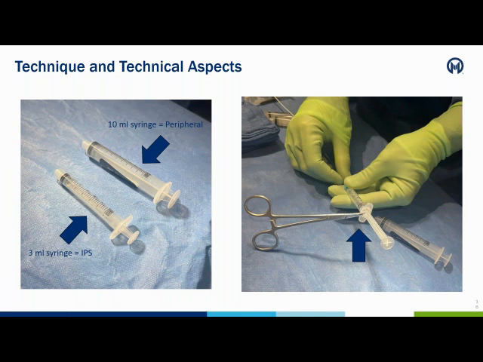From a technical standpoint, the procedure is relatively simple, but there's a lot of team and organization that has to take place in the IR suite. These procedures are done under local anesthesia and sedation, so patients are pretty much awake for the procedure. It requires a lot of coordination of the entire team working in the procedure room.